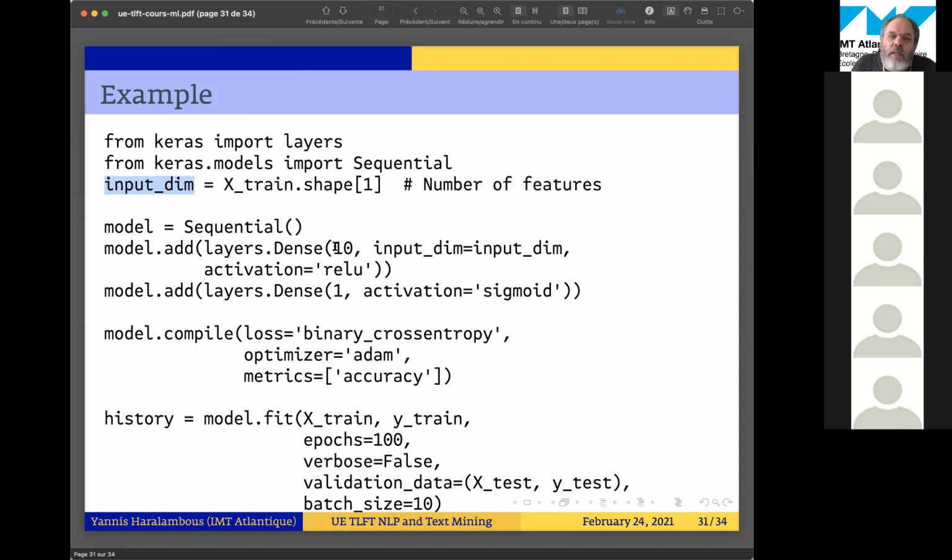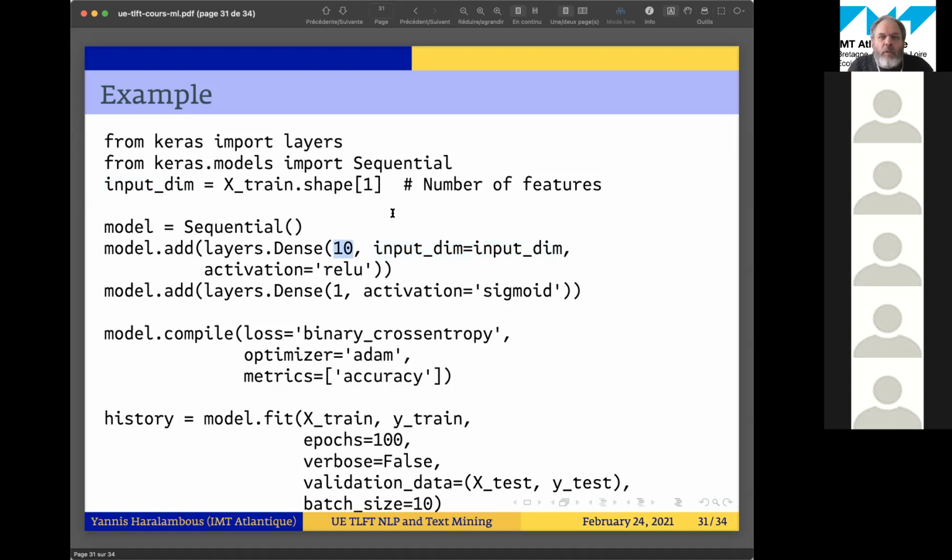And this is the output dimension for this layer. So here we are going from X to Z. X has input dimension, the number of words in your bag of words, and 10 as output dimension, which is arbitrary.